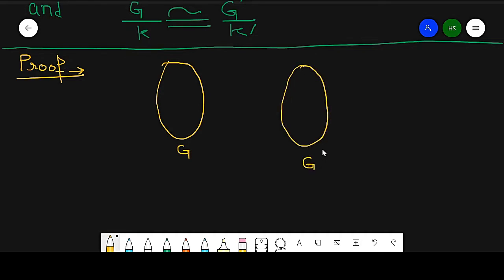They are groups under multiplication, and f is some map from G to G dash, and this map is a homomorphism and onto.